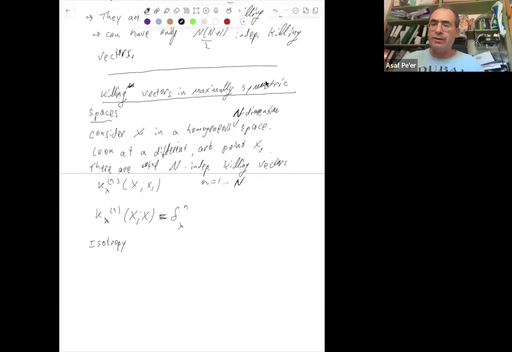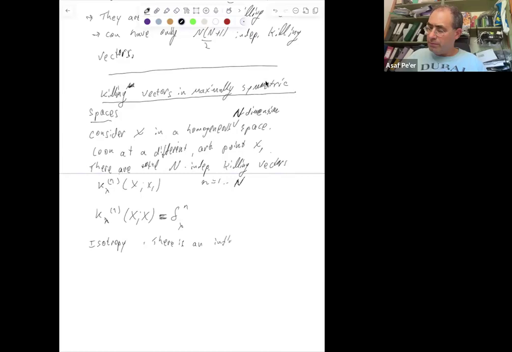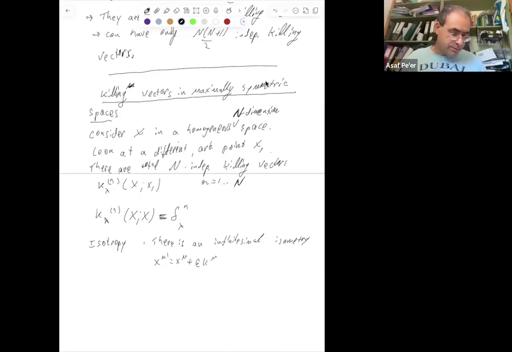Now we talk about isotropy, meaning that I can rotate. So what is isotropy? That there is an infinitesimal isometry, namely x mu prime is x mu plus epsilon k mu, that leaves the point x fixed.